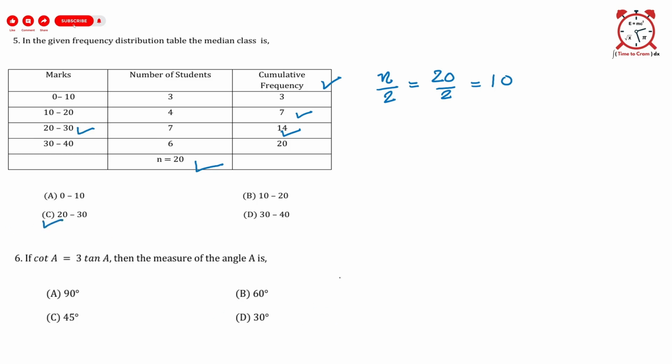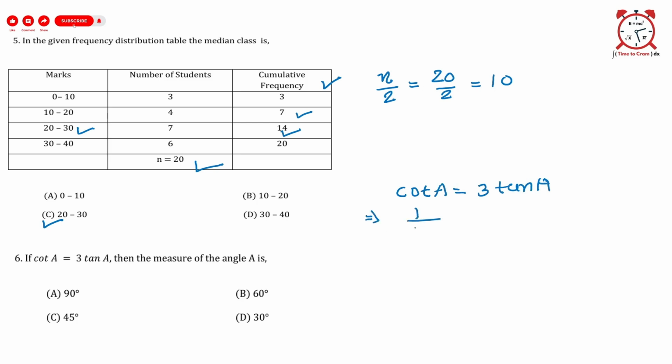Now the next question is, if cot A equal to 3 tan A, then we have to find the value of angle A. So cot A and tan A are the multiplicative inverse of each other, that we know. So we have to do the calculation for them.